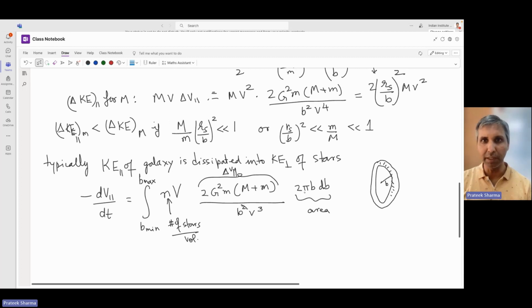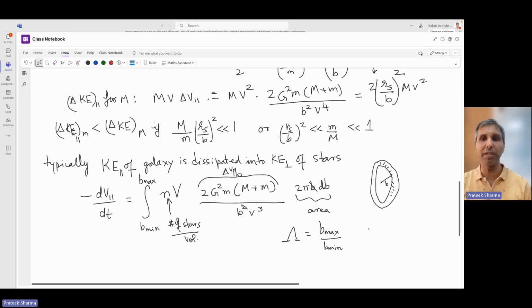Again, this B and this B sort of cancel. This also appears everywhere. You have this logarithmic integral, which gives you the log of this Coulomb parameter, right? If you integrate it over B, what you get is lambda equal to B max by B min. So what is B max?